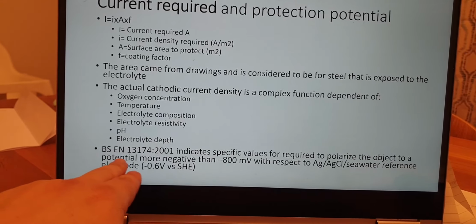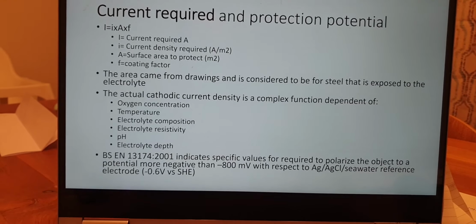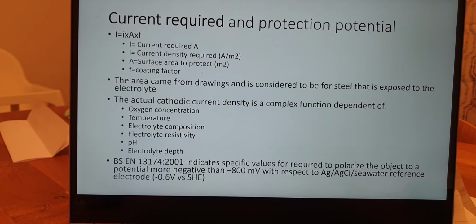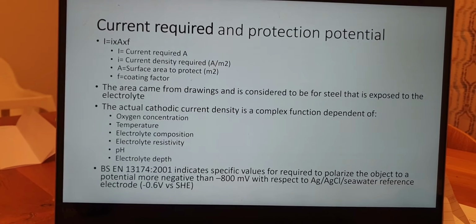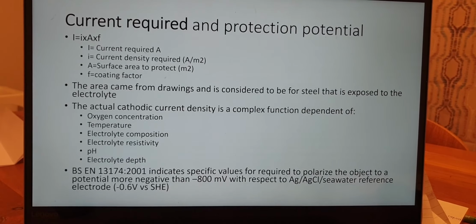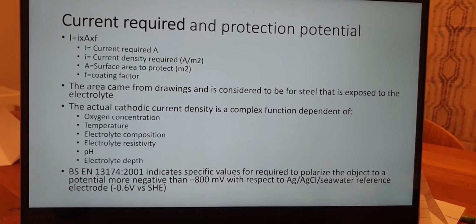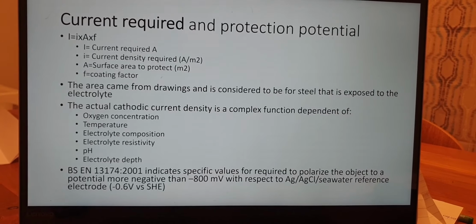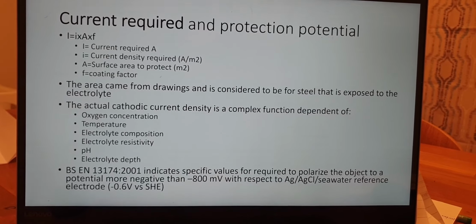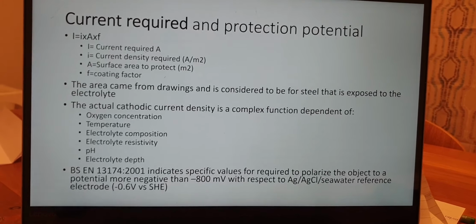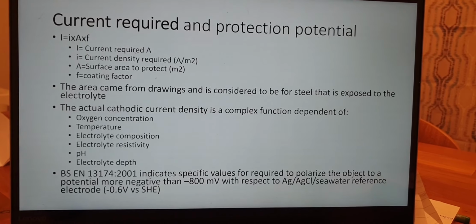And basically this BS EN 13174:2001 indicates specific values required to polarize the object to a potential more negative than minus 800 millivolts with respect to the silver chloride seawater reference electrode, which is minus 0.6 versus the hydrogen electrode.